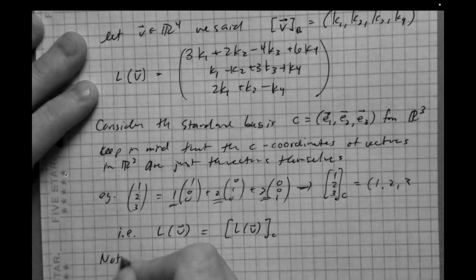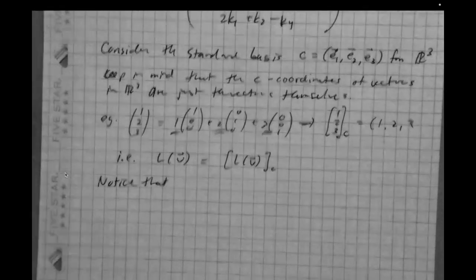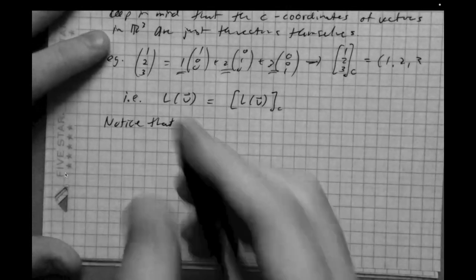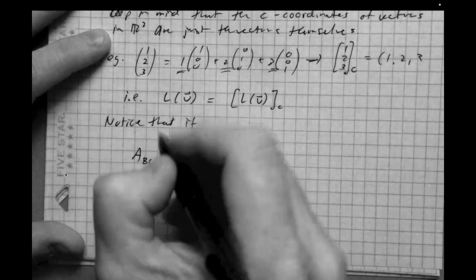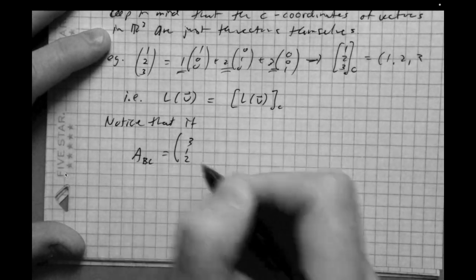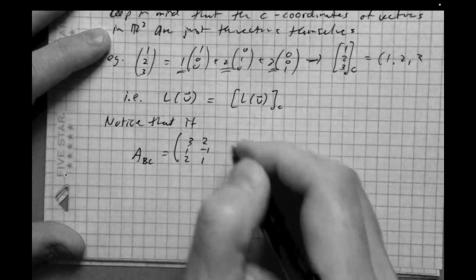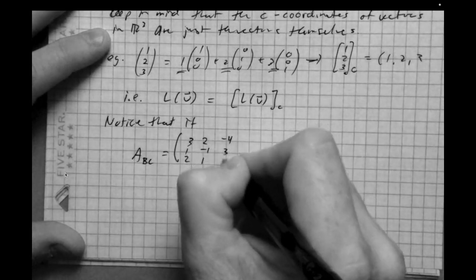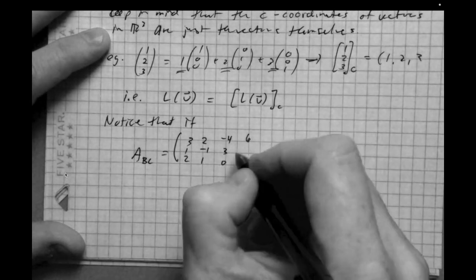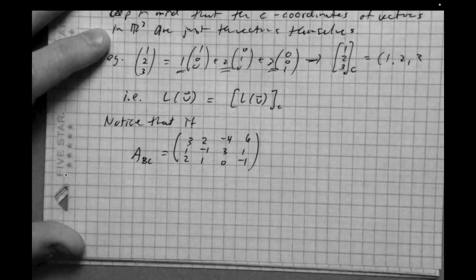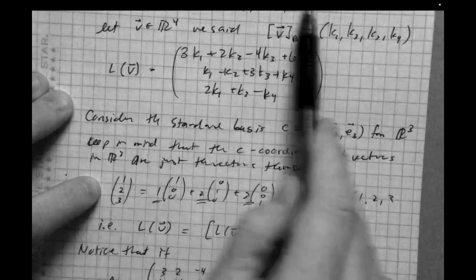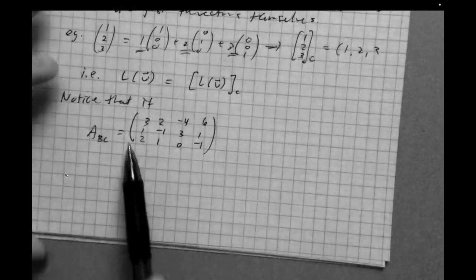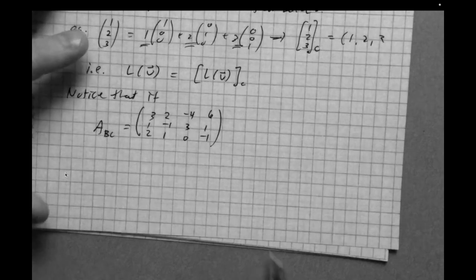All right, so notice that if A sub BC is equal to the matrix with rows (3, 2, -4, 6), (1, -1, 3, 1), (2, 1, 0, -1), these are basically taking the basis vectors of B that we saw previously and coordinatizing them, switching them over to C.